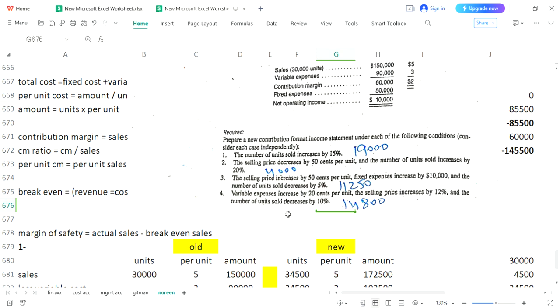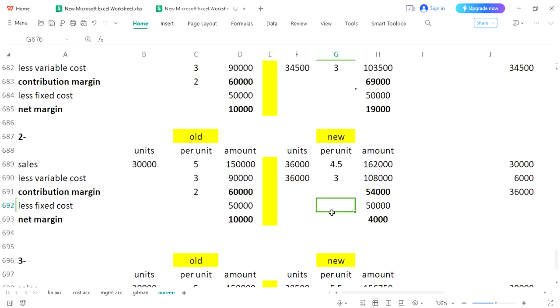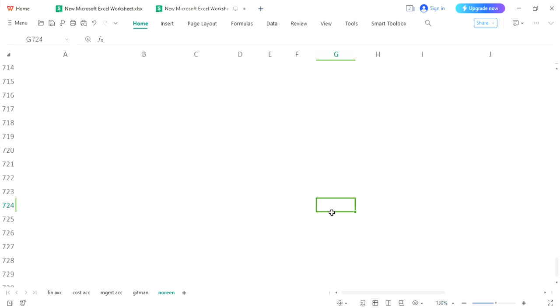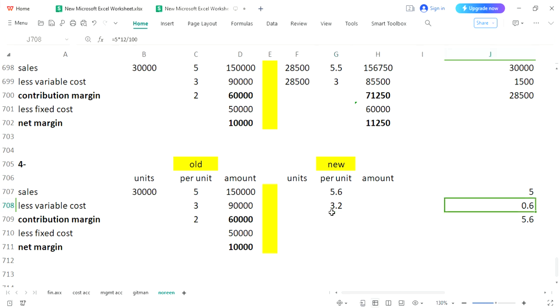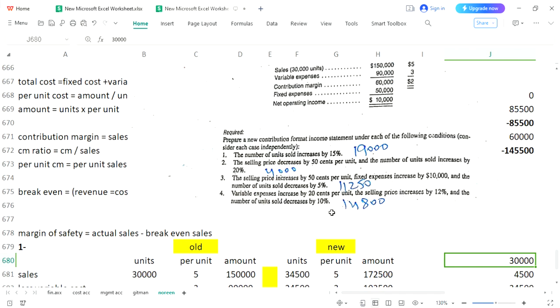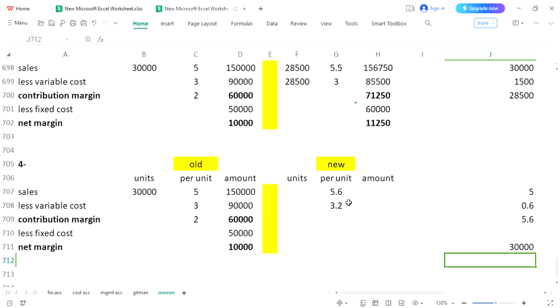Okay, let's see what the next condition is. Number of units sold decreased by 10%. So here, instead of an increase, the number of units has decreased. 30,000 were the old units, and how much decrease is it saying? Decrease by 10%. How will you calculate 10%? 30,000 multiplied by 10 divided by 100.